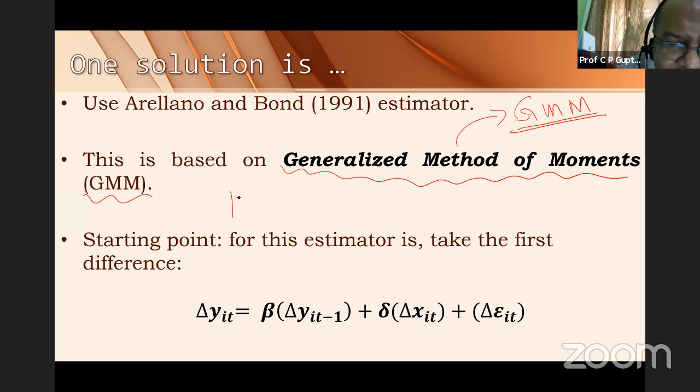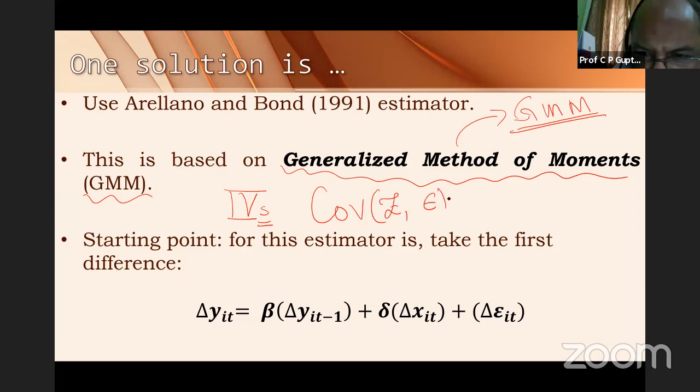Recall our discussion about instrumental variables. And one of the conditions of the instrumental variable is that the covariance between the instrumental variable Z and the error term should be 0.